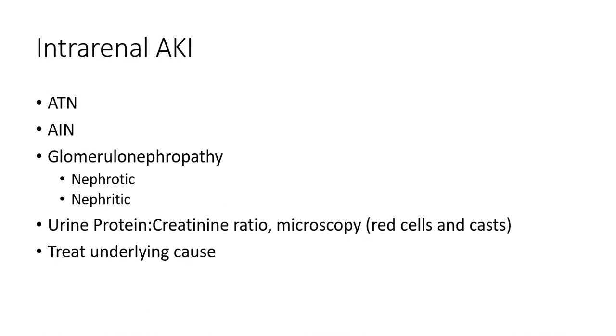Microscopy may also detect things like fat oval bodies, which would be in keeping with nephrotic syndrome, or things like eosinophils or eosinophil casts, which may be seen in AIN. And of course, the treatment will depend on the underlying cause, which may also involve steroids for AIN or immunosuppressive therapy for the various glomerulonephropathies.